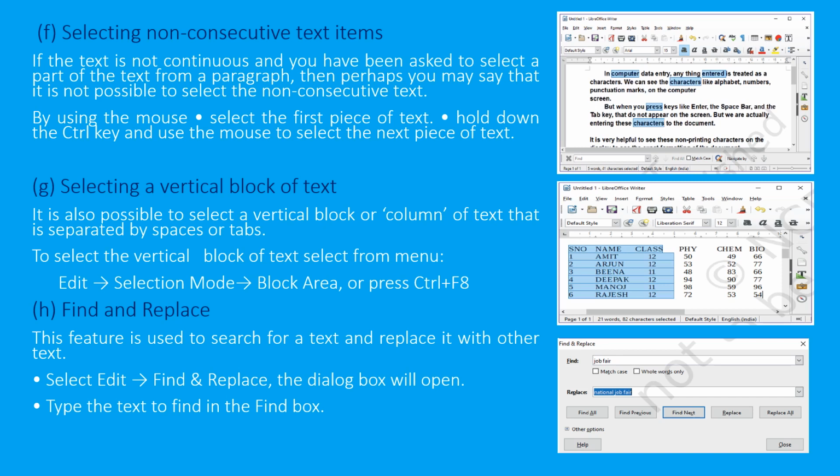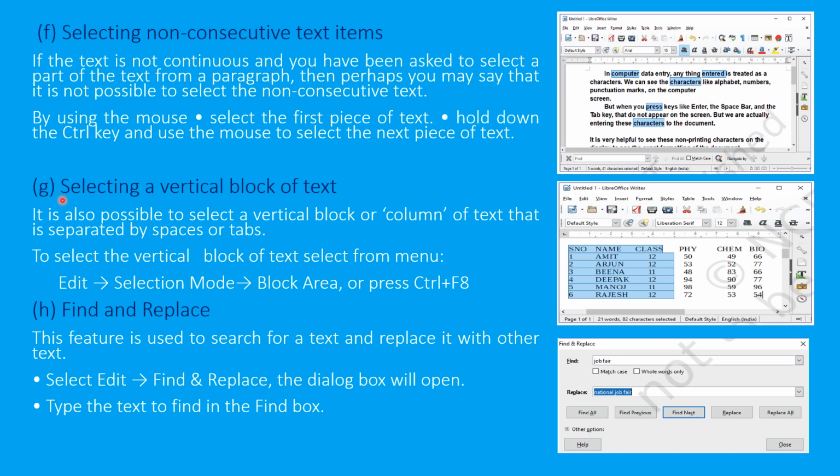For this, first of all, we have to select the piece of text, then hold the control key and use the mouse to select the next piece of text. Here you can see in the picture also, the text is selected in different lines of a particular paragraph, and this can happen by using the mouse while holding the control key.